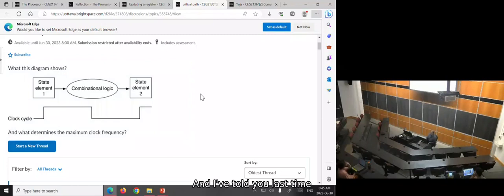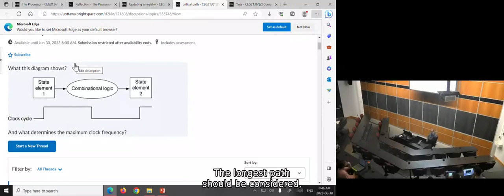Okay? And I told you last time, there might be not just one path. For example, we have AND, OR here going and preparing something. We have another path with another set of combinational logic. We have another path. There are different paths. It is not just one path. And the longest path should be considered because we want everything to be ready.